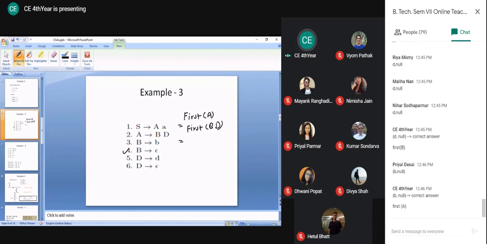First of B gives null because we have written both B and null. So what we have to write is first of B union first of D, because we are getting null from B. First of B will give us B and null, union first of D, which is D and null. Now null is a part of both.